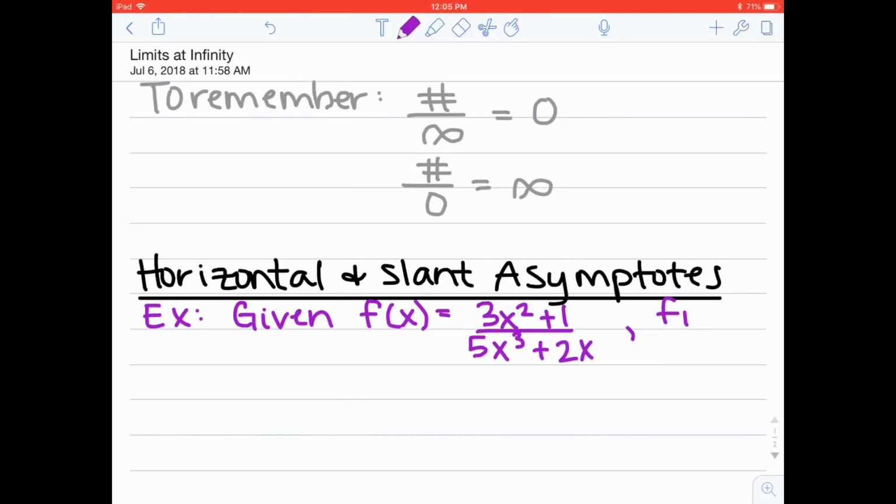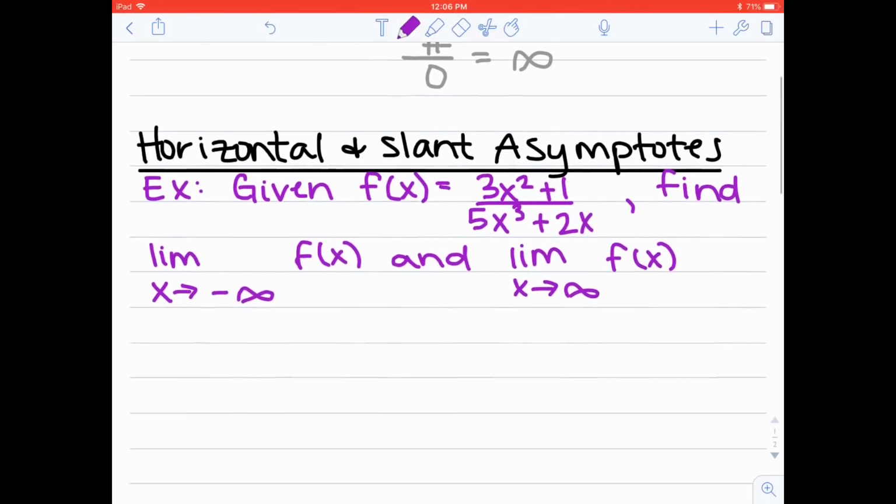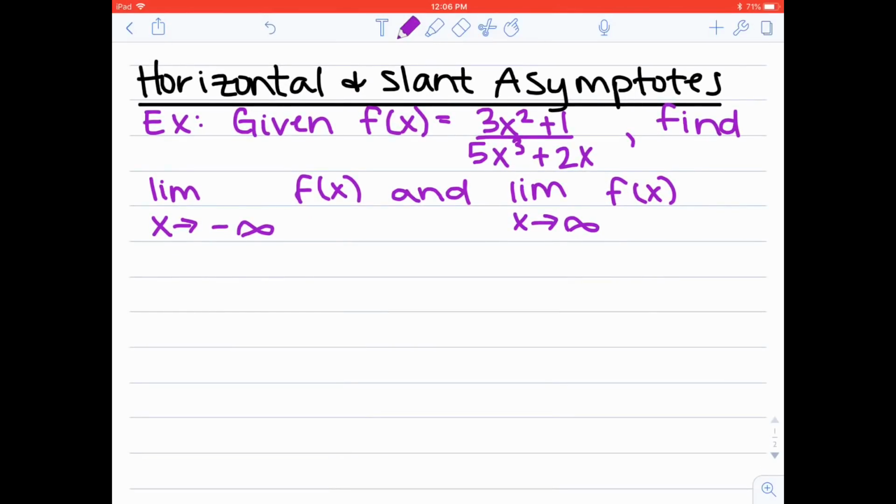With that function, we are going to find the limit as x approaches negative infinity of the function, and the limit as x approaches positive infinity of the function. All right, so first we'll go ahead and do the negative infinity version.